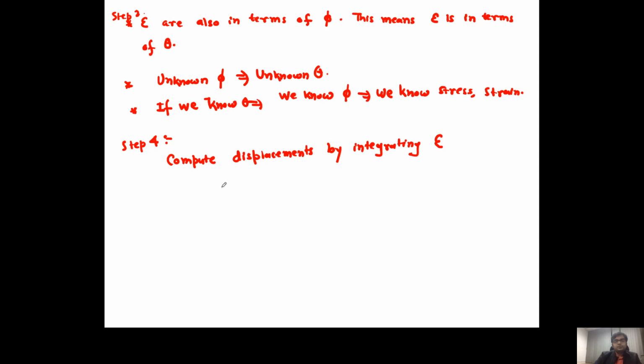So for example, we already know that epsilon xx is del u1 by del x. So this implies u1 is integration epsilon xx dx. So this is how we compute u1, u2, both the terms. So compute displacements by integrating epsilon. This is step 4.